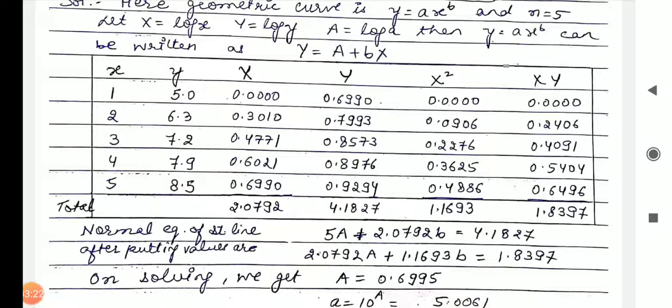So to calculate the value of small a, you can either take anti-log or you may use a scientific calculator, and you must have seen in the scientific calculator there are two buttons available. One is log and the other one is ln. Log is for to the base 10 and ln is for to the base e. So below that it is written 10 to the power x and e to the power x.